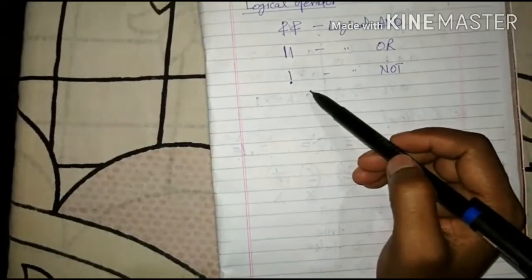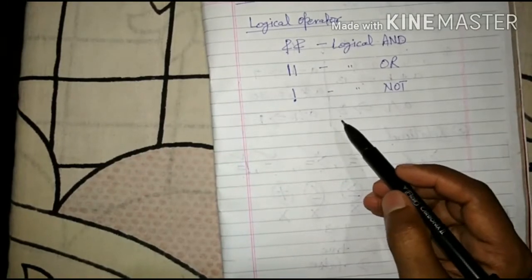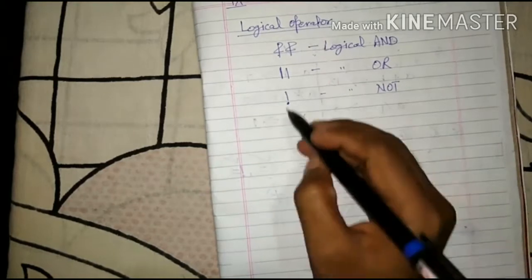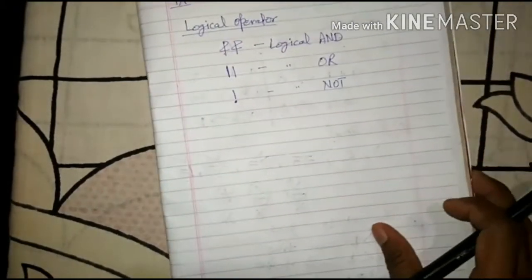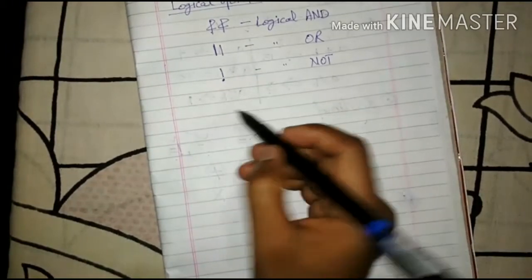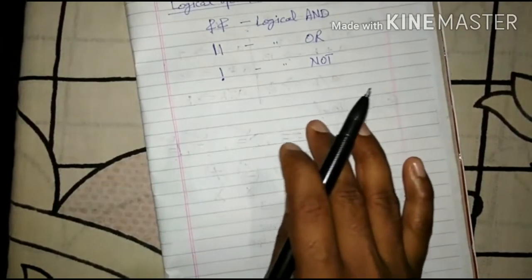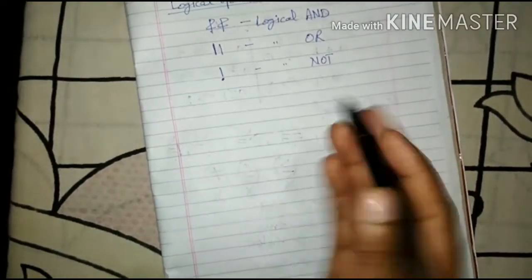If we use a logical operator, it will give either a true value or a false value as the result. How is it possible? How can we get this true value or false value?